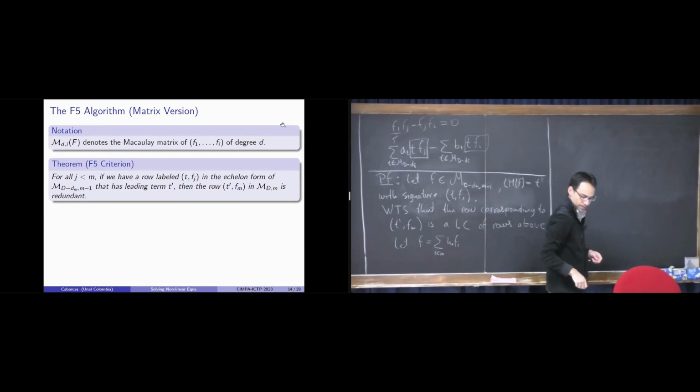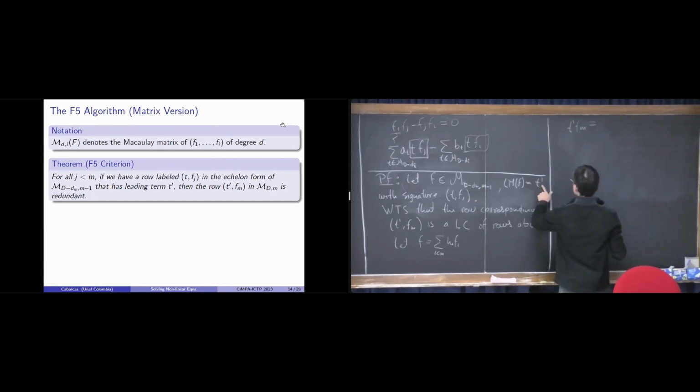And now, let's see what happens with T prime Fm, which is the one we want. Let's try to write this one as a linear combination of the previous ones. Right.